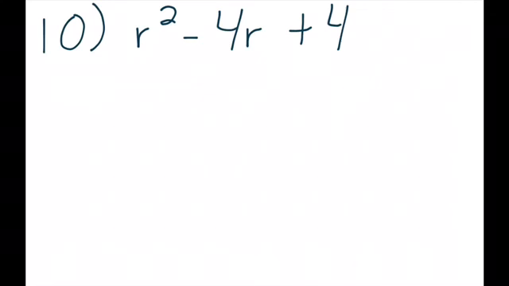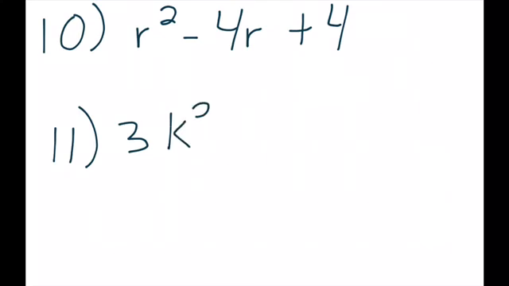Okay, here's number 11: 3k squared minus 24k plus 45.